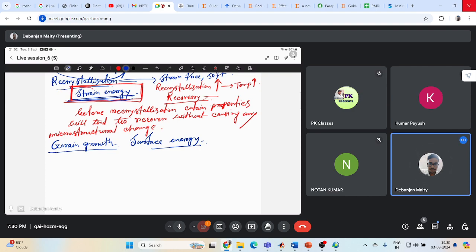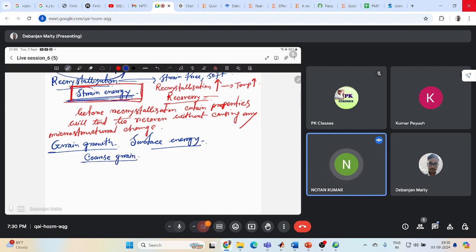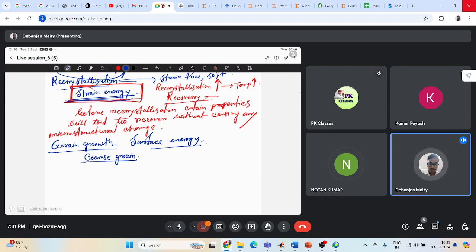So the total grain boundary area, or the total surface energy of the system, will be reduced with coarse grains. Yes, of course, after recrystallization, if you provide the same temperature and allow more time at that temperature, the grains will grow and get coarsened, yes. The extent of grain growth increases with temperature and time.